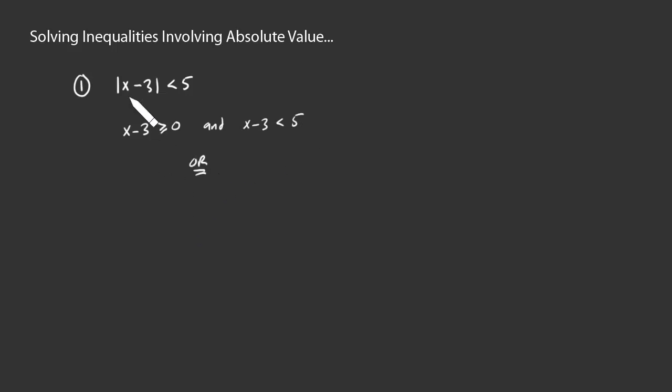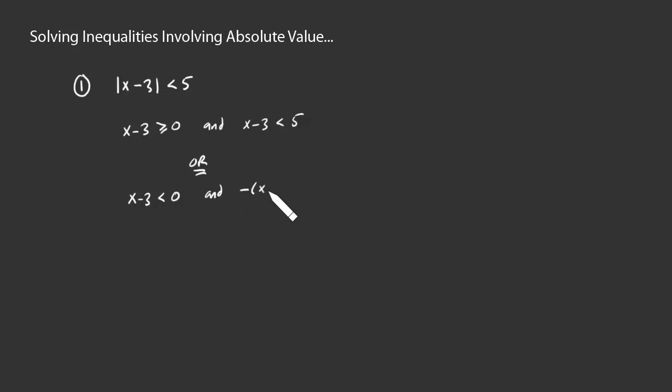Or whatever was inside the absolute value was negative, so x minus 3 is strictly less than 0, and the effect of the absolute value is to simply change the sign of x minus 3, which we said we could do by multiplying by a -1.